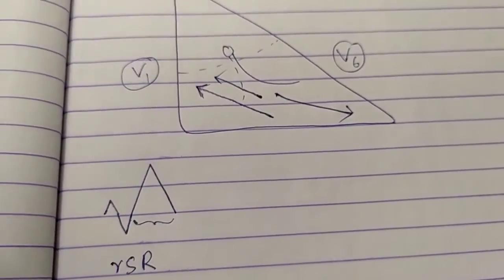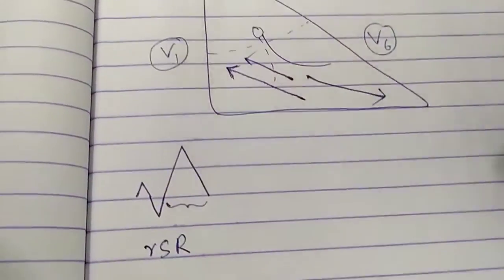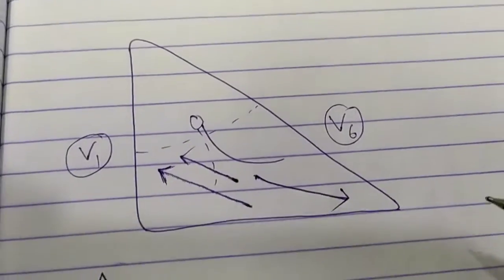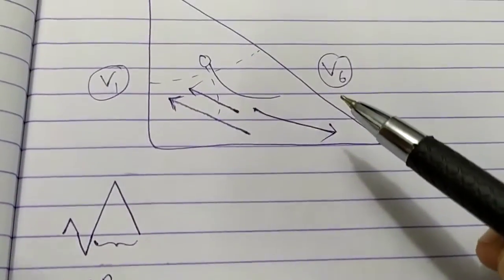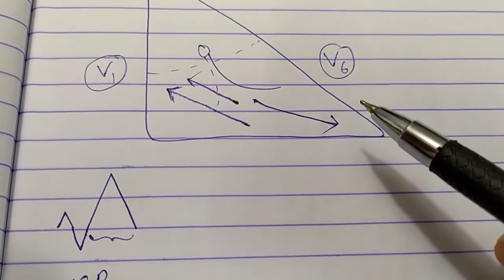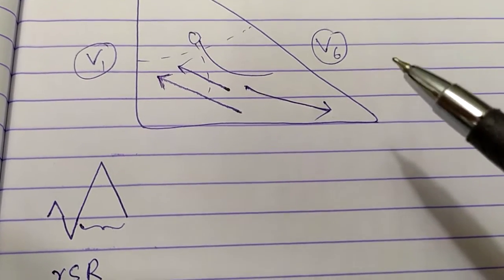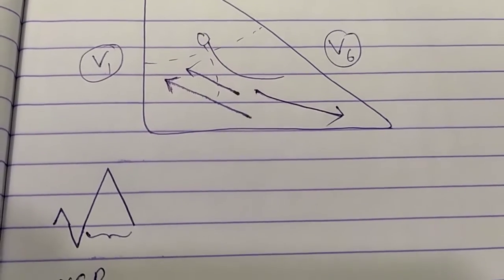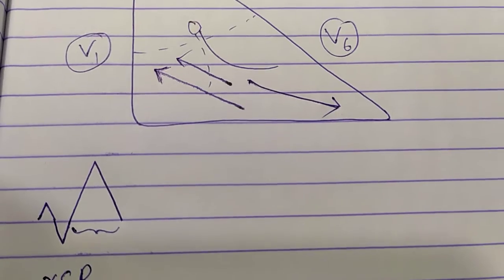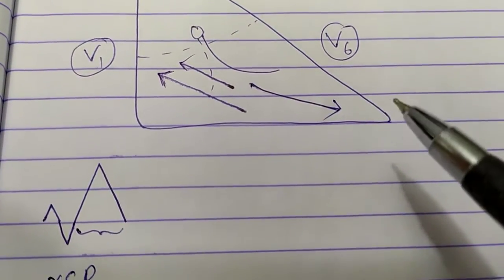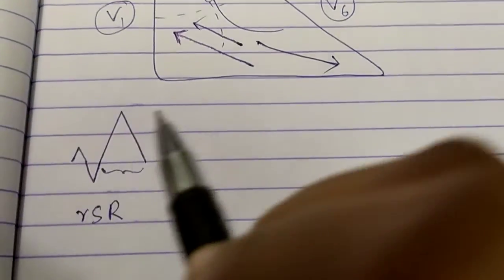And then coming to the waves at V6. Since the two leads are placed opposite to each other, the waves which are produced at V6 appear quite opposite to those at V1.